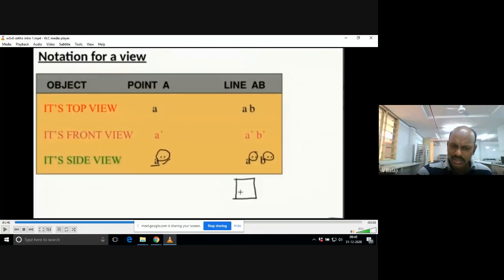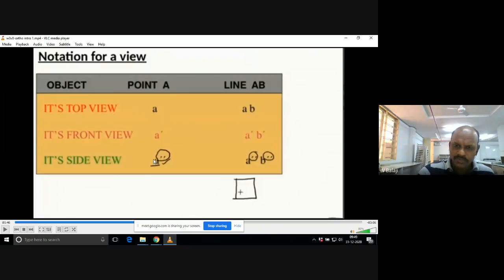By looking at small letter a, can you say whether it's a top view or front view? You need to understand it is the top view. If a dash is given, the front view of the given point capital A is given.